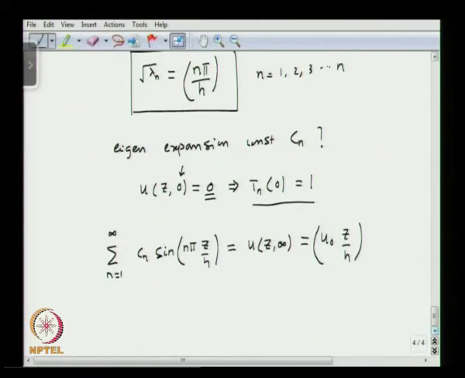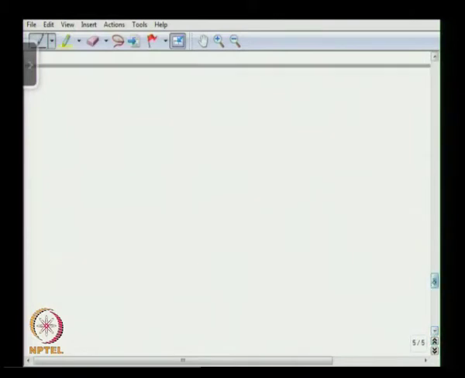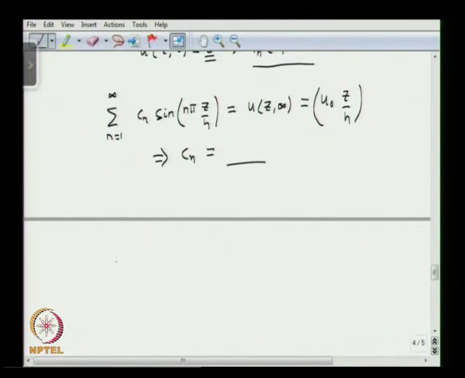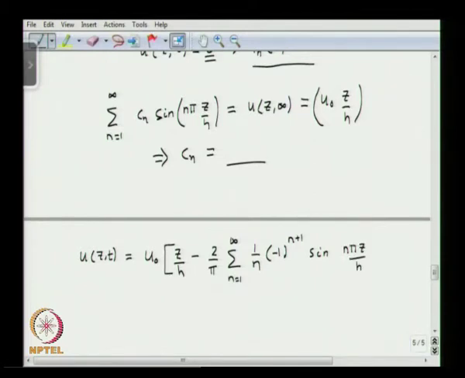From here you can get Cn and substitute in the velocity field equation, and you get u(z, t) equal to u0 into z over h minus 2 by pi summation n equal to 1 to infinity 1 over n, minus 1 to the power n plus 1, into sin(n pi z over h), into an exponential term which will be multiplied here.